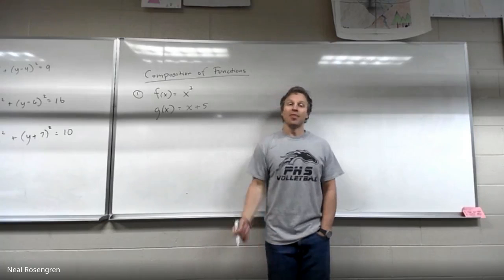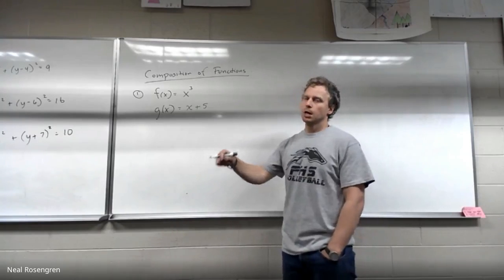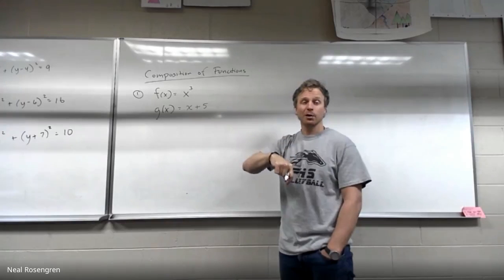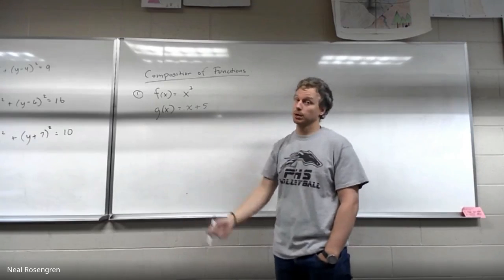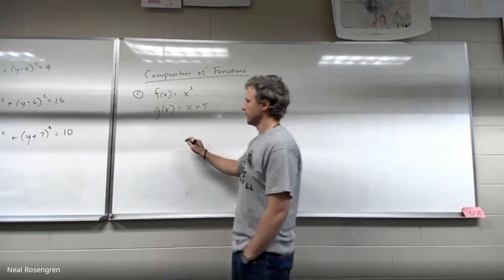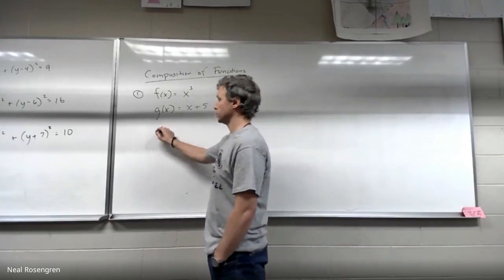And then we're going to take that result and plug it into the other one. So we plug x into one of the functions, see what we get for the y value, and then take that answer and plug it back into the other function. Okay, so this is what it kind of looks like. And it could be in either order, so I'm going to show us how to do both.